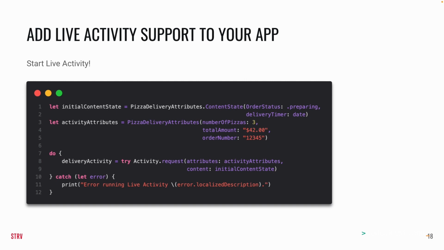So we defined all the configuration in the widget target, in the widget extension. But for starting the live activity, we need to define it in our main target. And as you can see, you can define the values related to the model that we defined. And you can ask the activity to start and show the live activity.